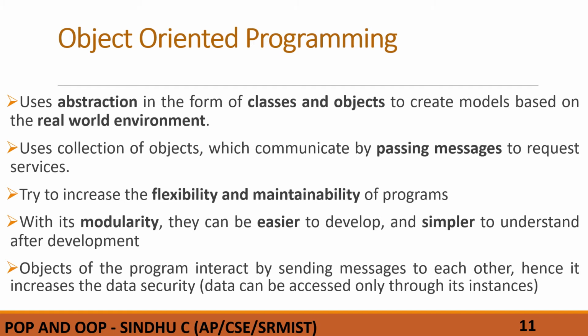Inside a class, you can put any attribute and you can mention who can access it, who cannot. And secondly, it uses a collection of objects which can communicate among themselves by passing messages based on their request. Then we can also try to increase the flexibility and maintainability of the programs.